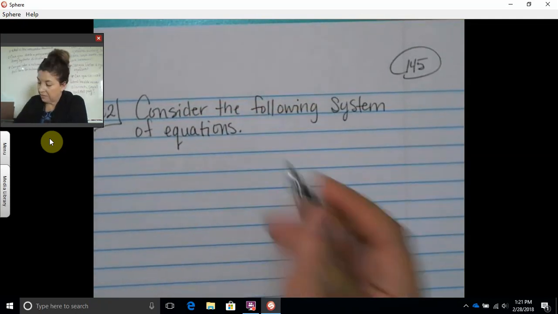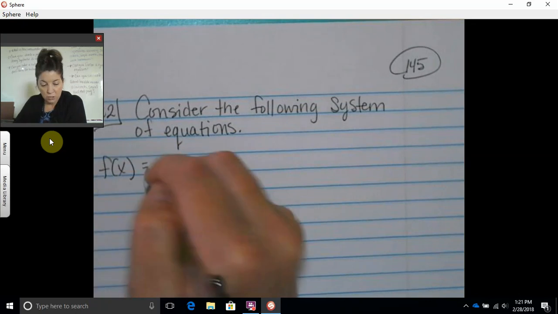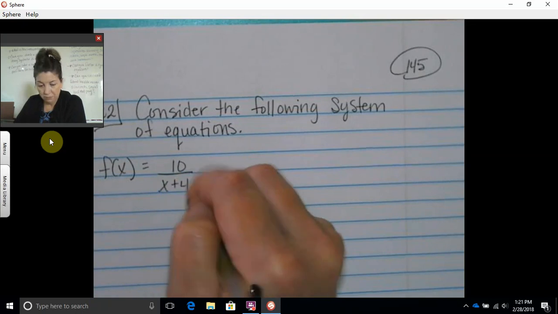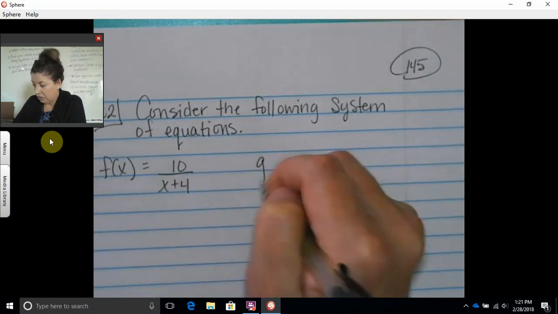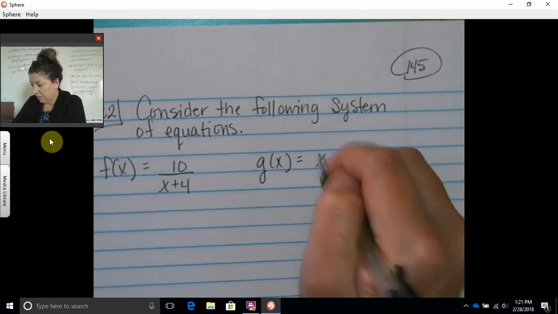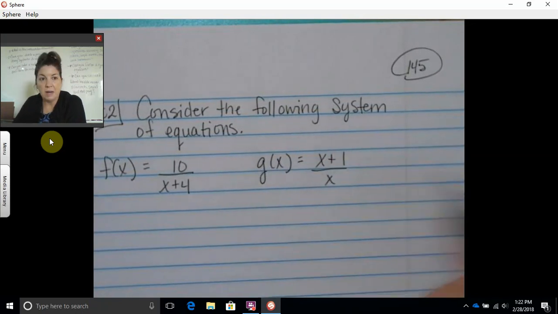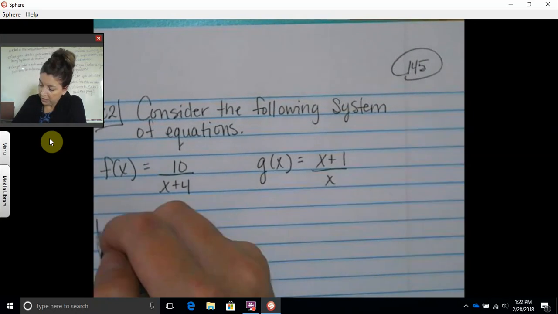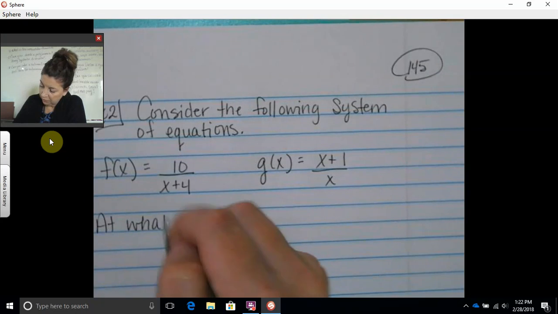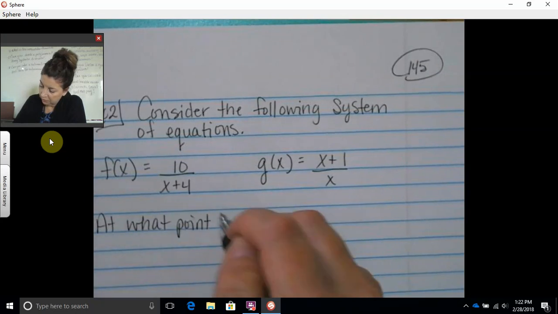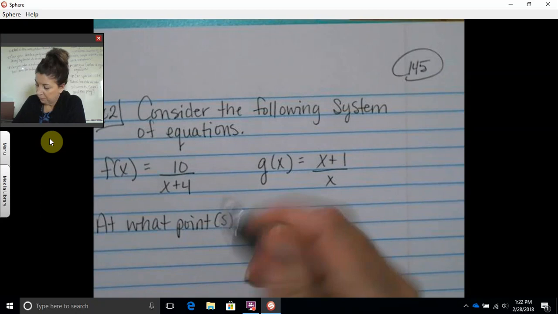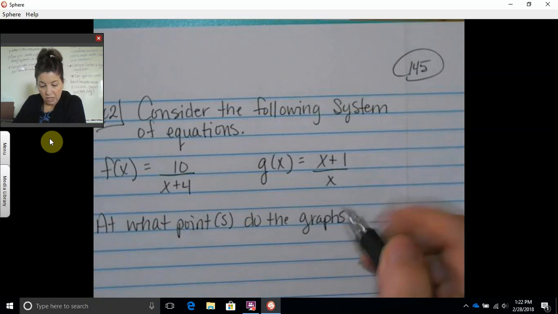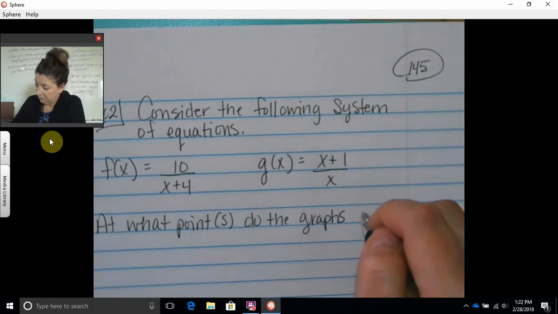I have f of x equals 10 divided by the quantity of x plus 4, and I have g of x equals x plus 1 divided by x. And the directions say, at what point or points do the graphs of f of x and g of x intersect.